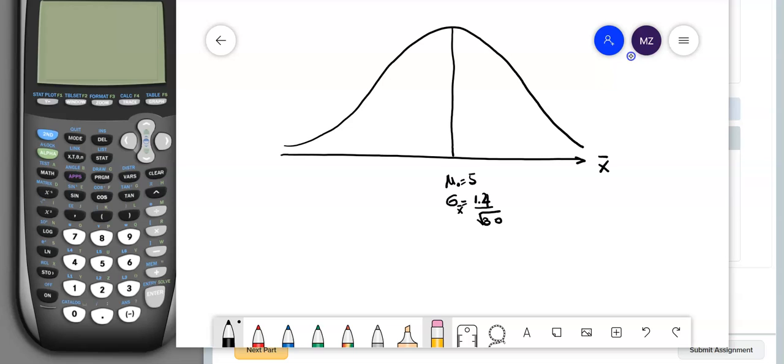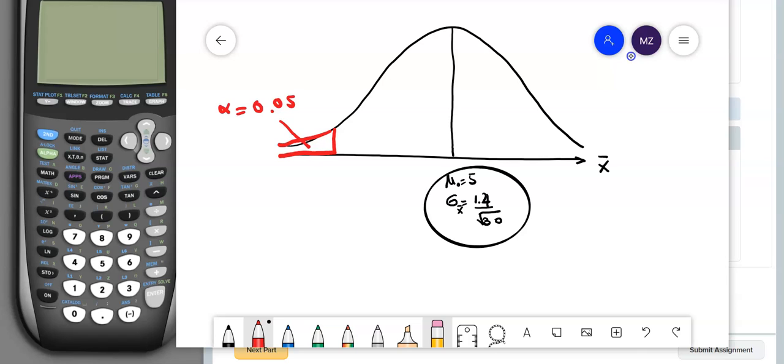So 1.4 divided by radical 30, and the mean is going to be 5. So this is my environment where I'm working. Now the alpha is 0.05, and this area will define my rejection zone. We define the reject region.